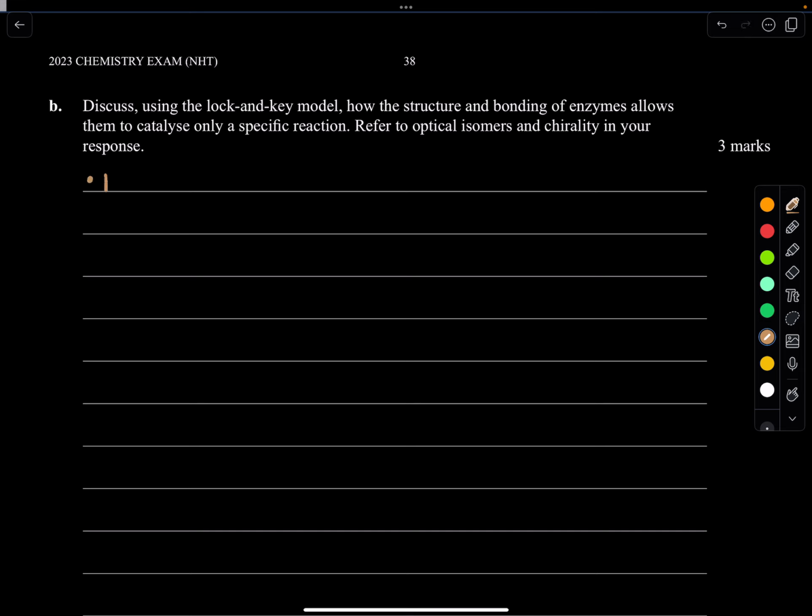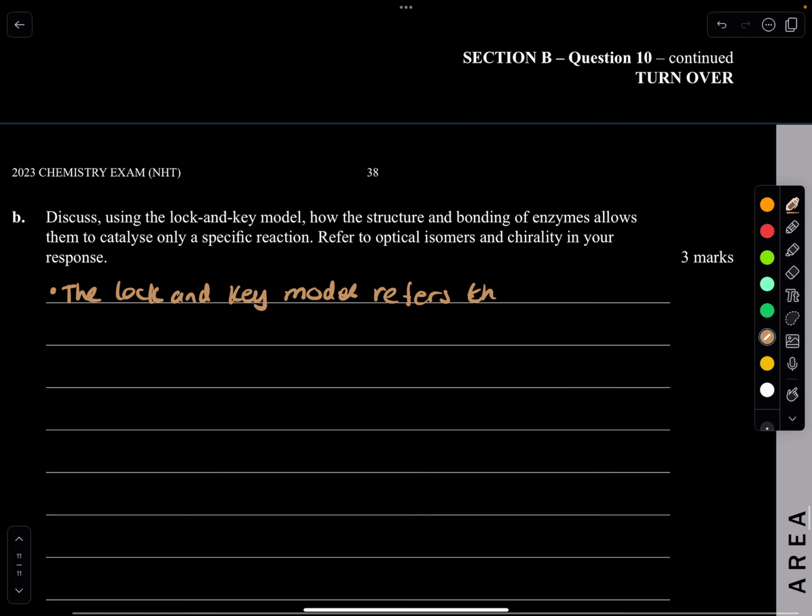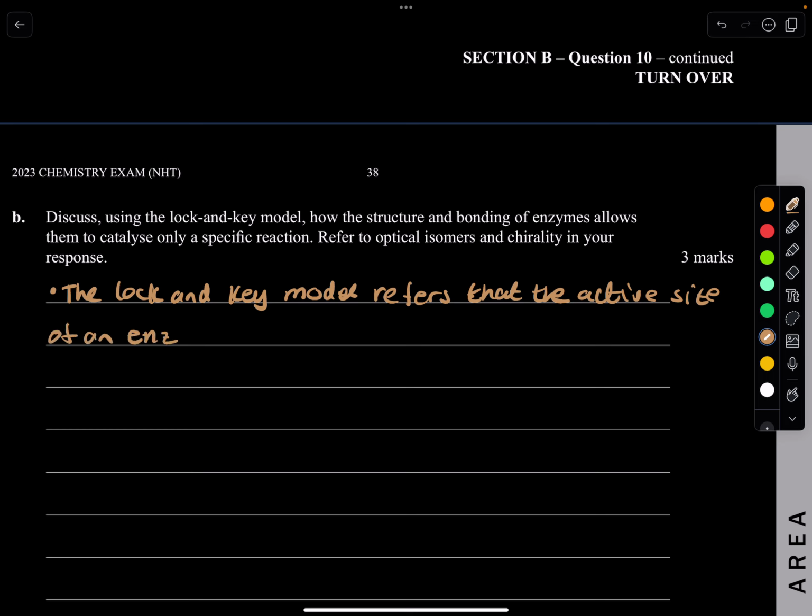The lock and key model refers to the active site of an enzyme, which is basically the lock, being a perfect fit for a specific substrate, which is your key.